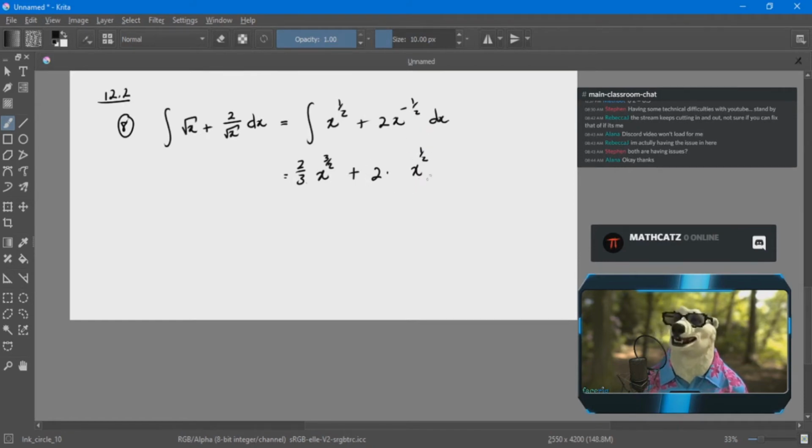But if I leave it like this, there's going to be another half popping out, and that's not in my given target. So I put 2 there, so that when I take the derivative, this 1/2 will go in front, the 2 will catch it, they will cancel, and I'm only left with that 2. And of course I add a plus c, like always.